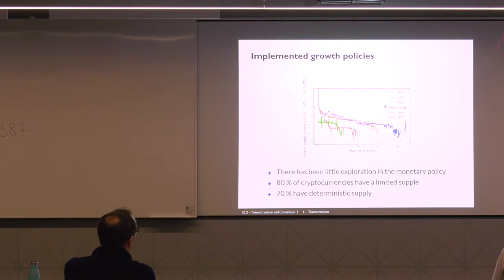This is also something that you can see by analyzing multiple cryptocurrencies from the point of view of the inflation, the rate at which the monetary mass grows over time.